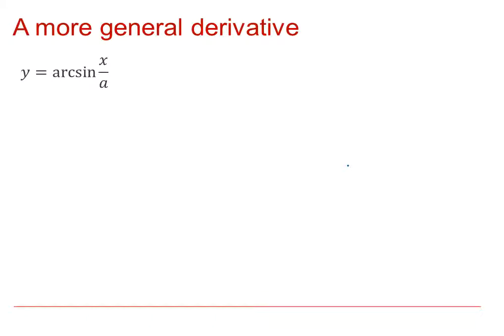So now we're going to make things a little bit more sophisticated, and we're going to look at the general derivative, y equals arcsine x over a. So again, I'm going to rewrite this as x over a equals the trig function sine y, and I'm going to differentiate both sides with respect to x.